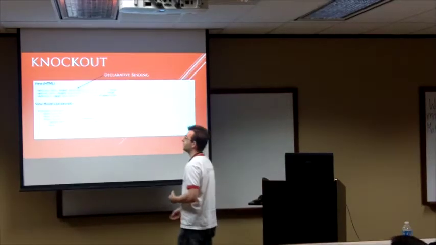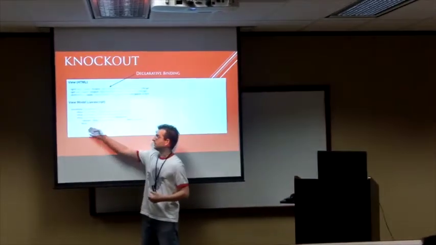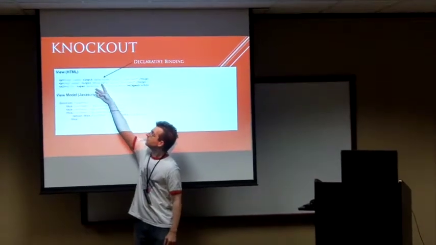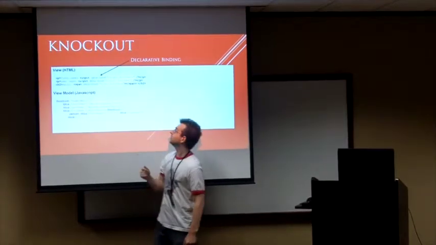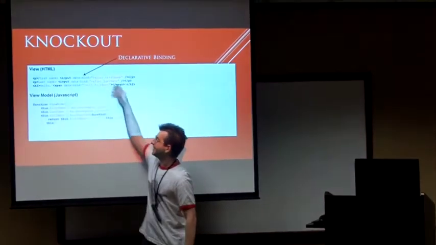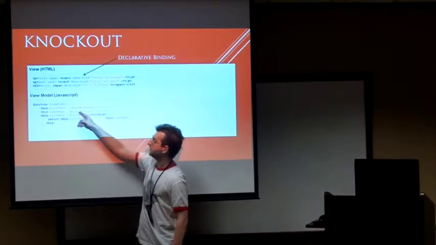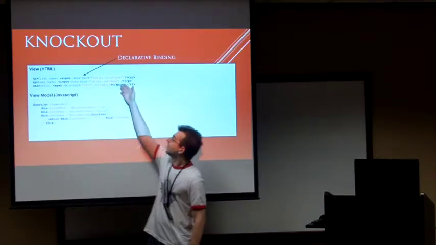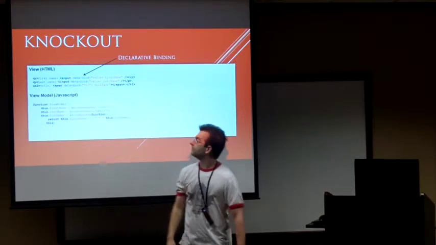So you can have a JavaScript object or model, and then in your HTML, you can use these HTML5 data-bind attributes to declare a connection or a binding between the properties or attributes of your JavaScript object and HTML elements.